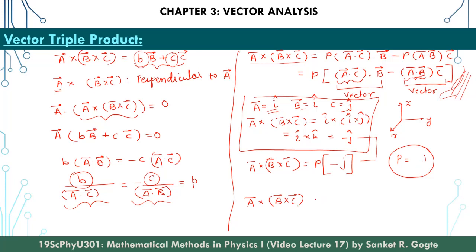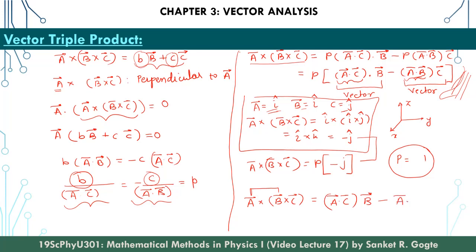the triple product is equal to A dot C into B. So you take the dot product between the first and third vector, which is a scalar quantity, and that is multiplied by vector B, minus the second term, which is now the dot product between the first and second vectors.